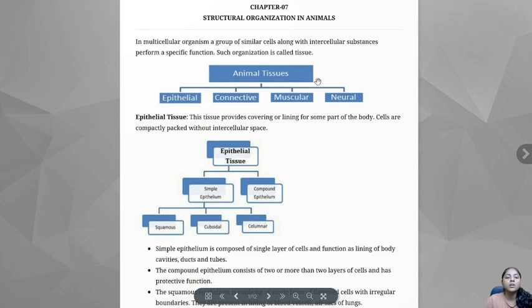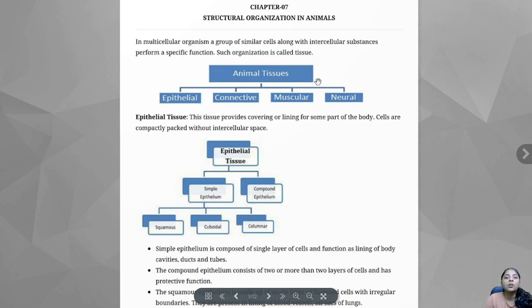In multicellular organisms, a group of similar cells along with intercellular space perform a specific function, and such a group of cells is called a tissue. Now let us see all the different types of animal tissue. So we have epithelial, connective, muscular and neural tissue.